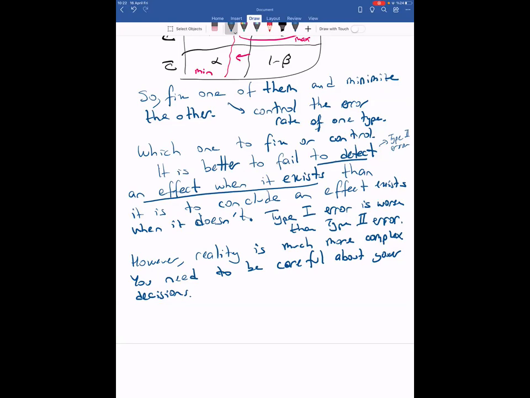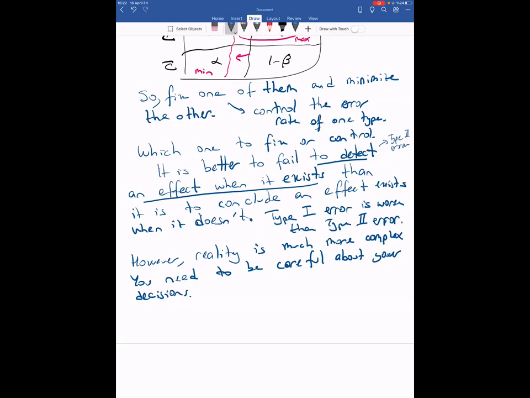But let's consider another example. Suppose that the jet engine part is already in use, but there are some concerns about it failing. In this case, you want the test to be more sensitive to detecting problems, even at the risk of false positives. So type 2 errors are worse in this scenario, because the test fails to recognize the problem and leaves that problematic part in use for longer.